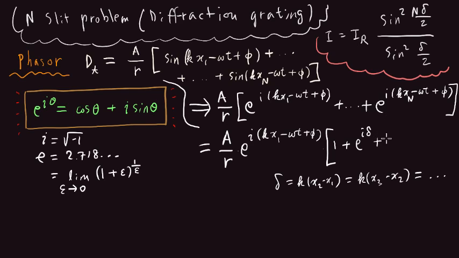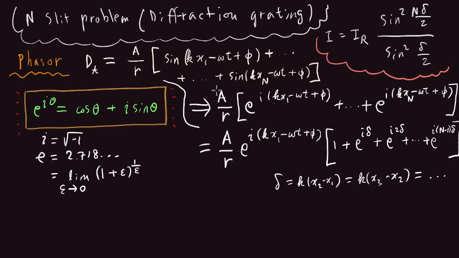And what is the third term here? The third term is exponential i (k x3 minus omega t plus phi). That's different from the second term by an additional phase delta. So this becomes i times 2 delta, and so the pattern is quite clear. At the end, what we have is i (n minus 1) delta.